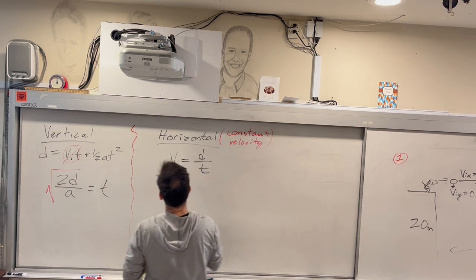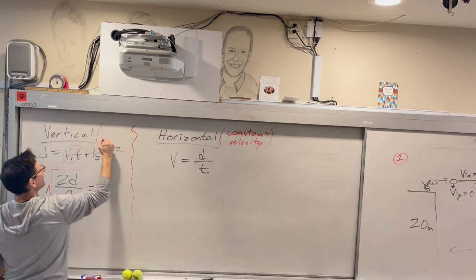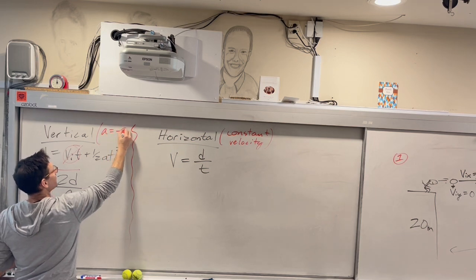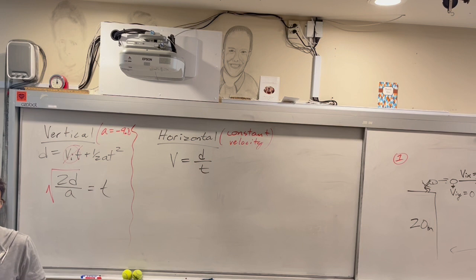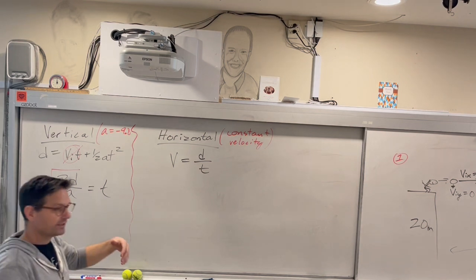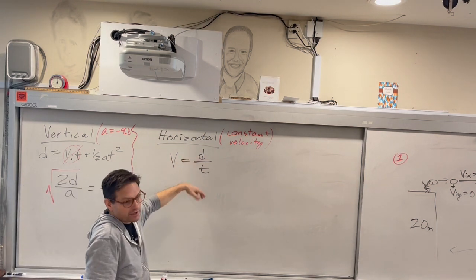We use it because acceleration is 0. So actually, if you look at this one, if you made a 0, what do you have left? Yeah, vf equals vi, right? And if vi equals vf, then it's just distance over time.